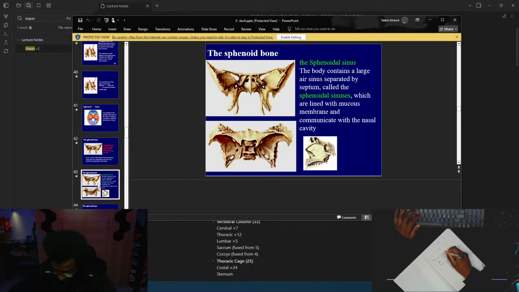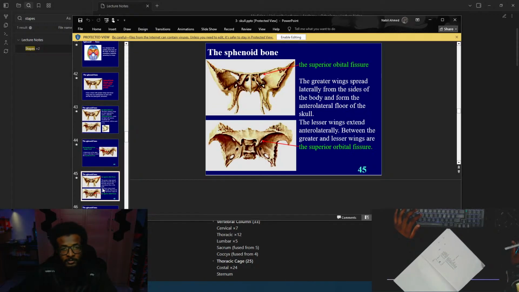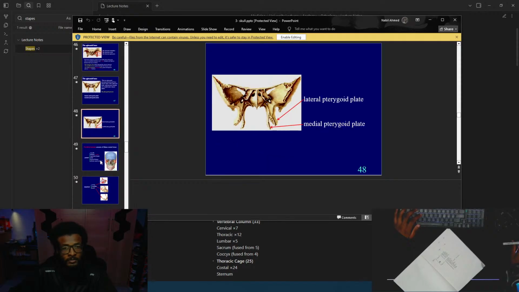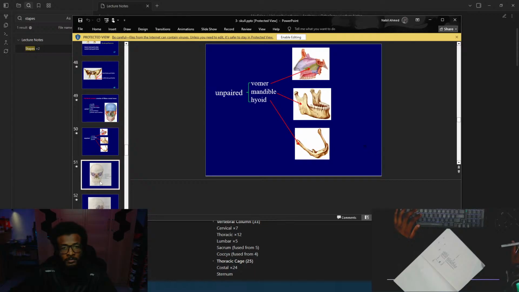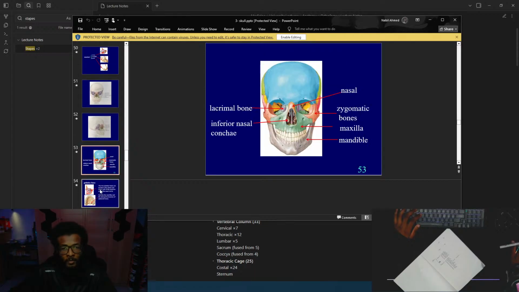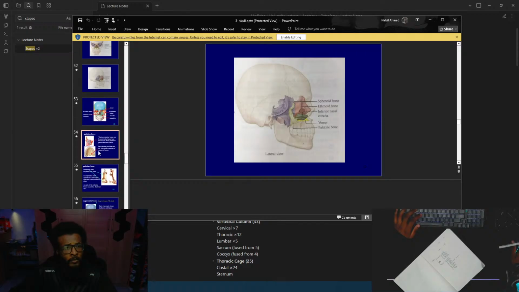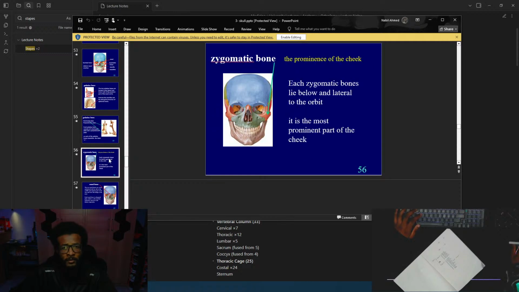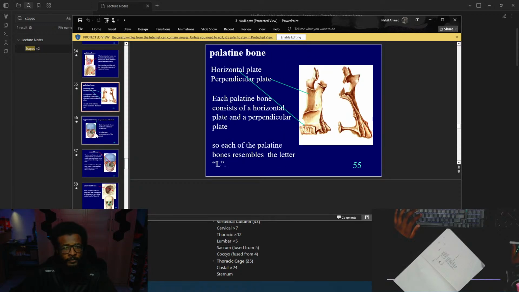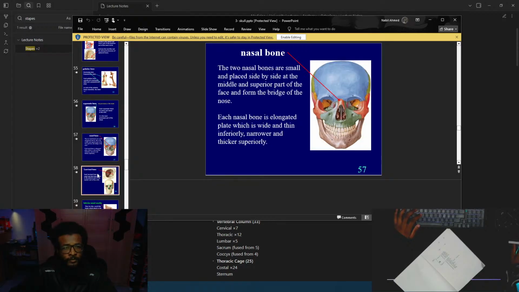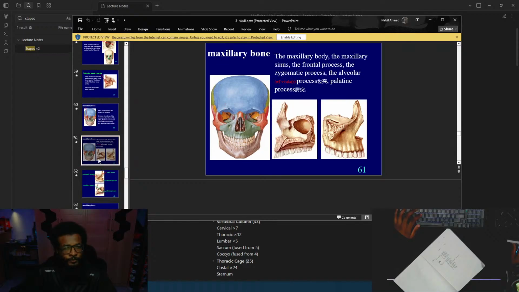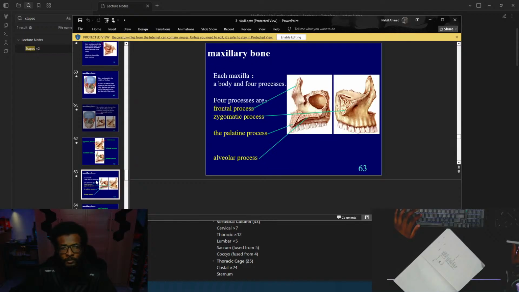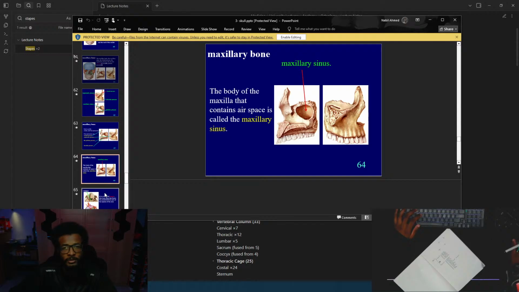Sphenoid as well. Yeah, maxillary, the maxilla bone.